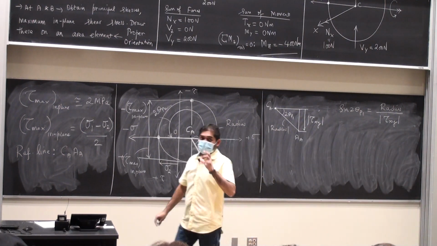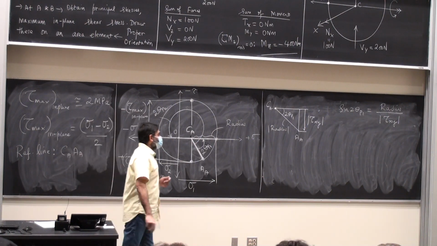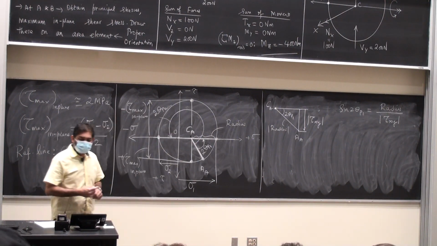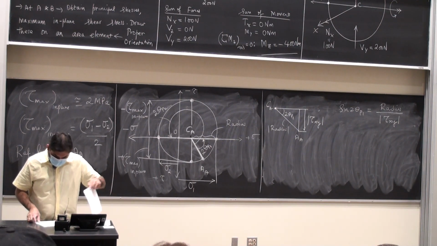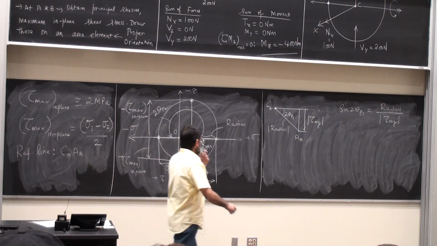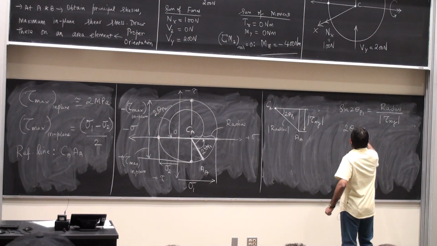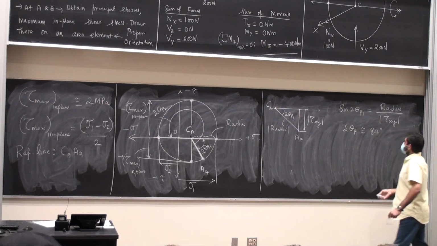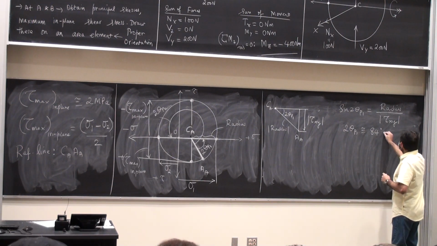So it's a positive value, magnitude of that value in this case. And one can calculate this angle. I believe it was around 84 degrees. So 2 theta P1 was 84 degrees, which means that 42 degrees is theta P1.